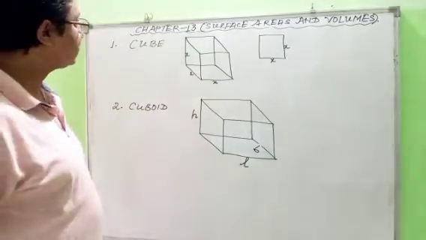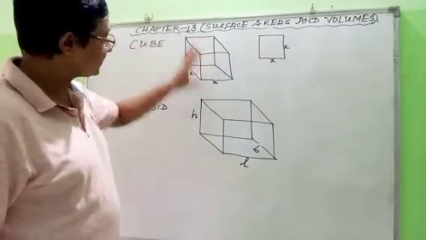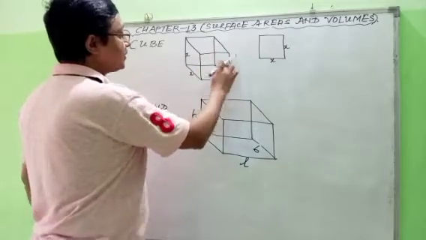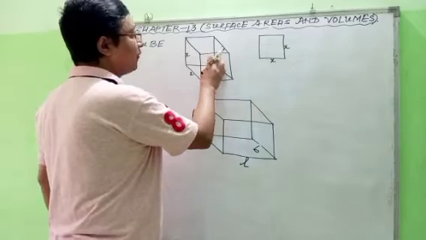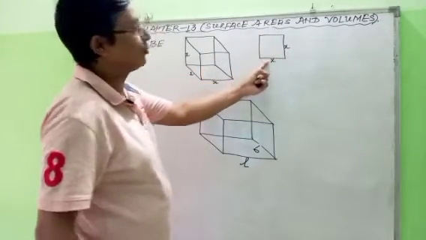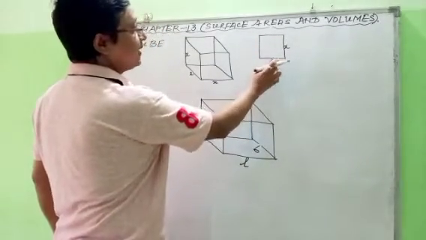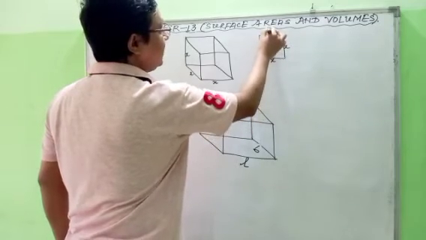Now let us take a cube. A cube has six faces, and all the sides will be equal. Just take the face of a cube, all the sides are equal. Let us take the side as x. So this will be x, this is x, and all the remaining sides will be x.